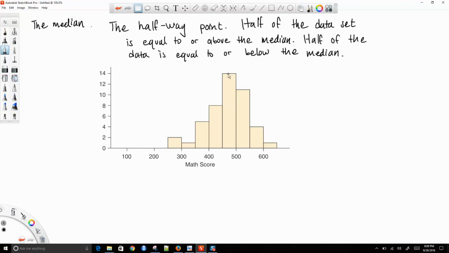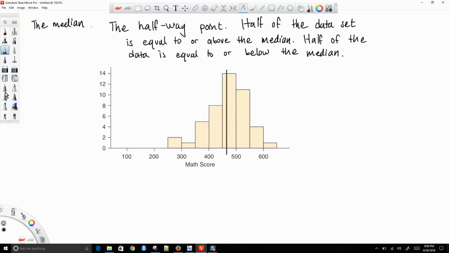If I wanted to split this into two pieces of equal area, where would I draw my line? It's a little complicated, maybe somewhere around here, I don't know.